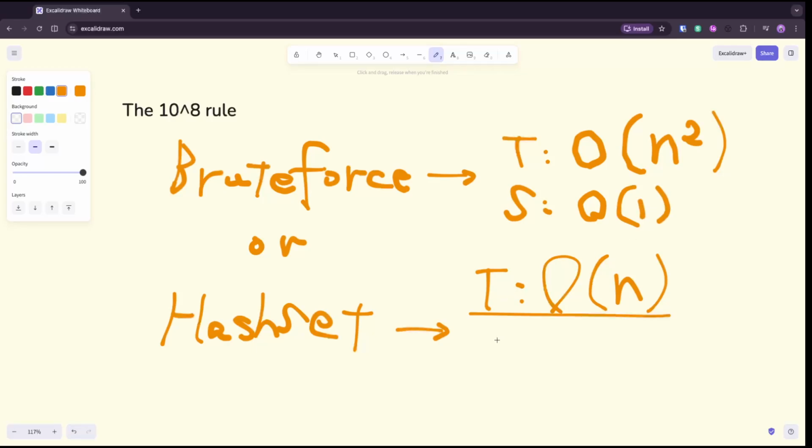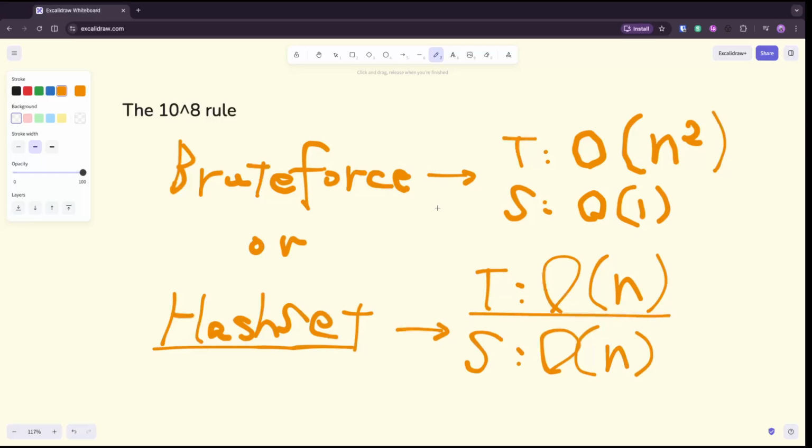How about the hash set? Space complexity is big O n, linear, because this approach uses one hash set at least. So, which plan is better?